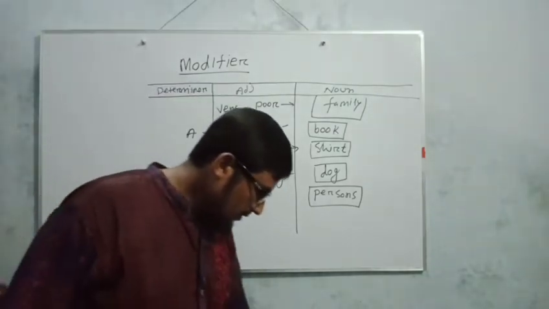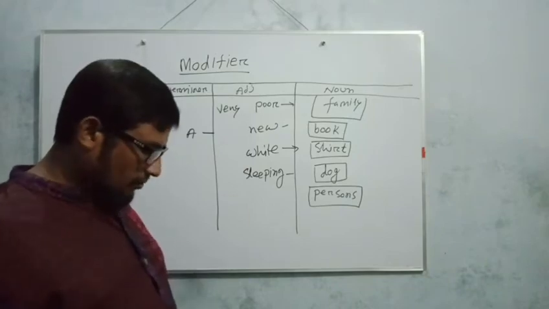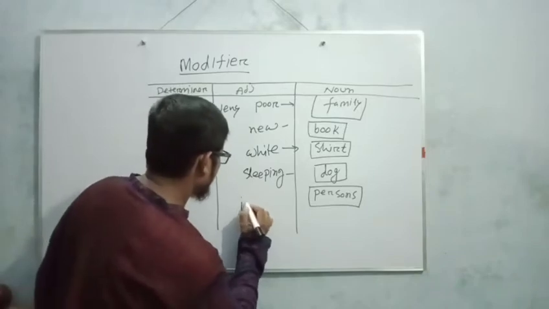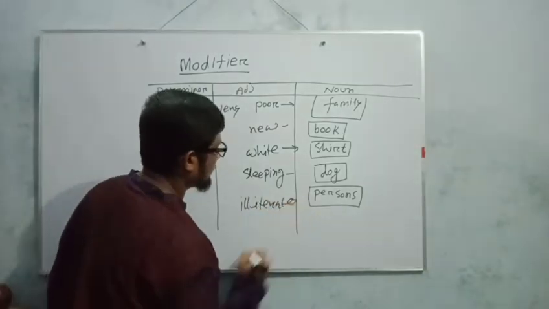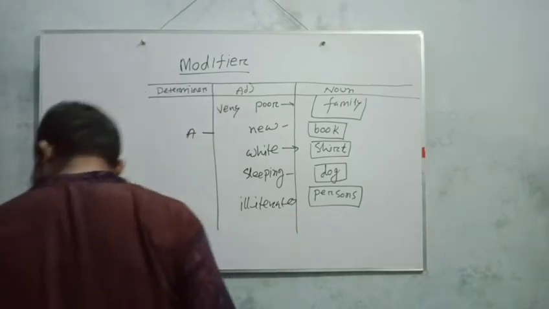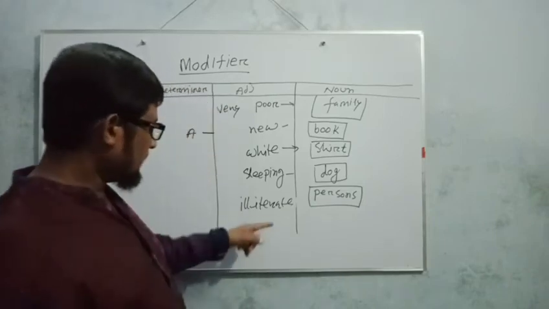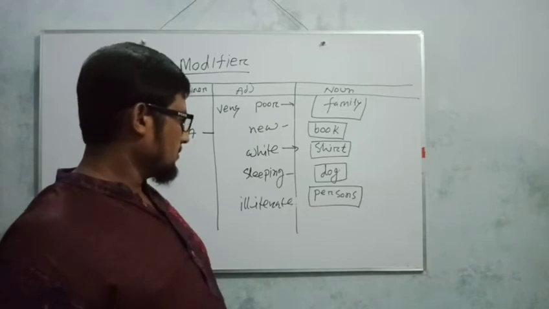In the same way, we can write another word before person, that is called modifier, illiterate. Look at the word illiterate. This is a negative quality of the person.